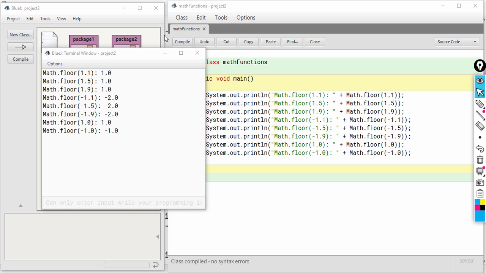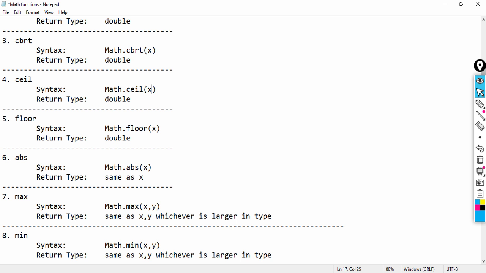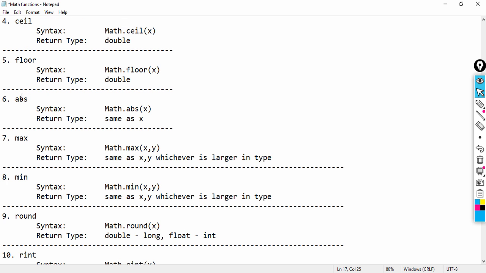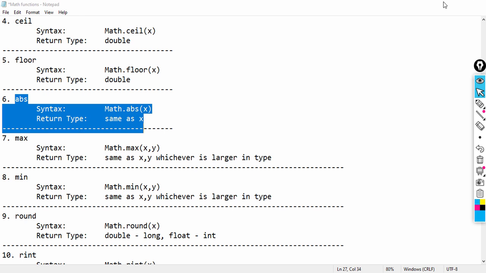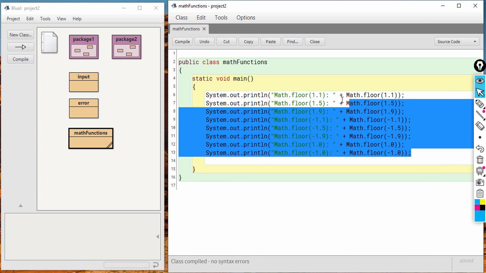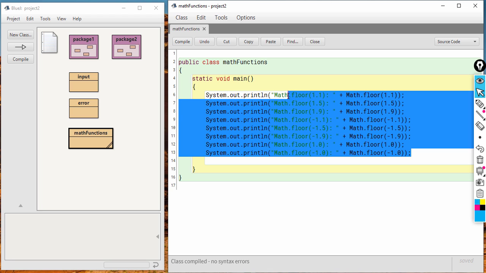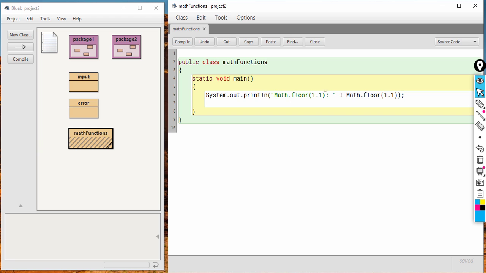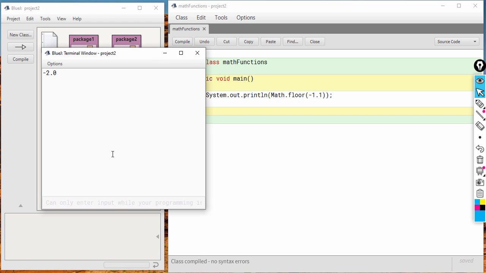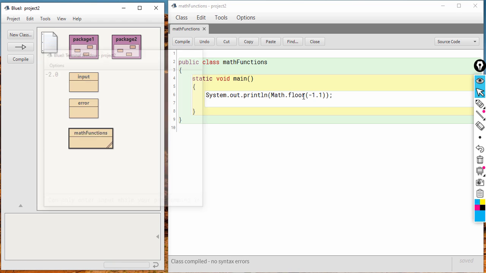Now let's come to the next function, ABS. So ABS is very simple. It simply gives you the positive value of any negative number. So if I write minus 1.1, the answer will be, okay, I did not change the function here, it should be ABS.